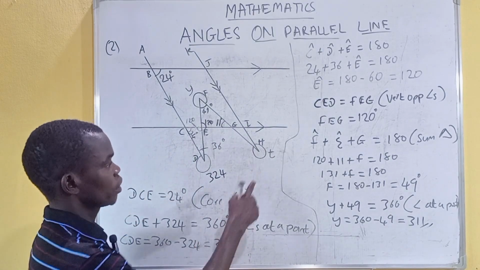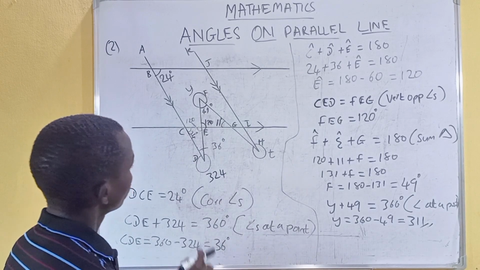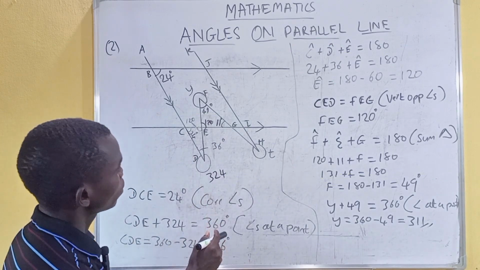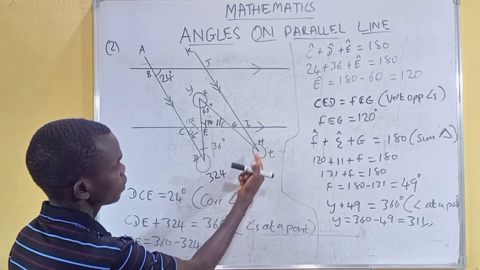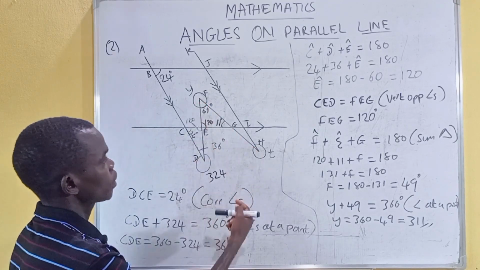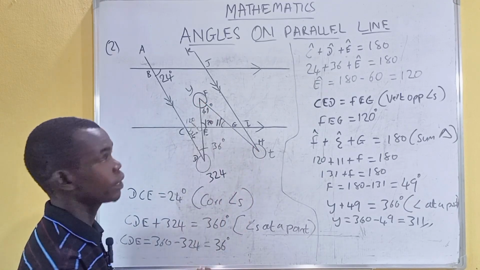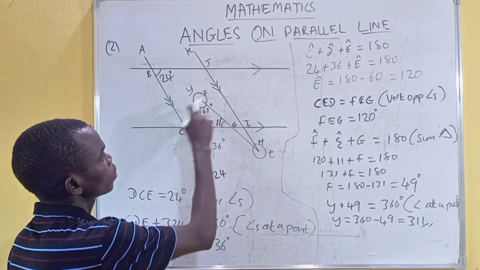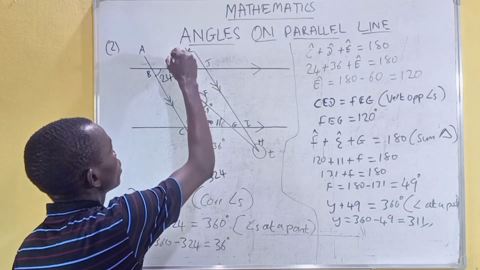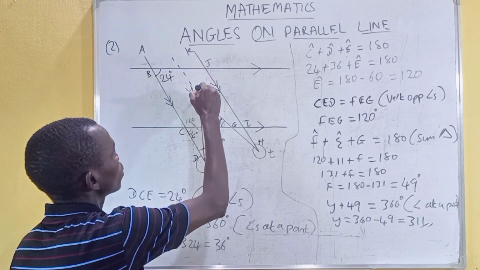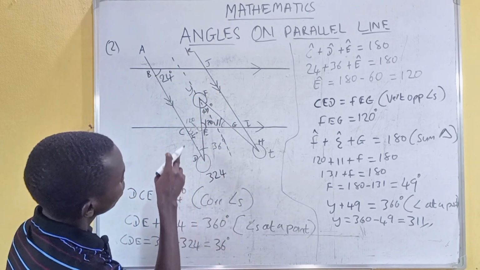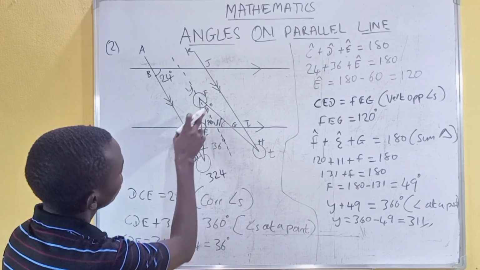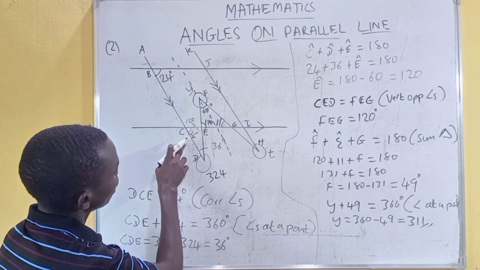So let's find our t. From the diagram, we know that this line is supposed to be a transversal line and this line is supposed to be a transversal line. Where they meet, you can draw a line that is parallel to both of these two lines. So we draw a straight line to cut across it. And we have this and this are now parallel.